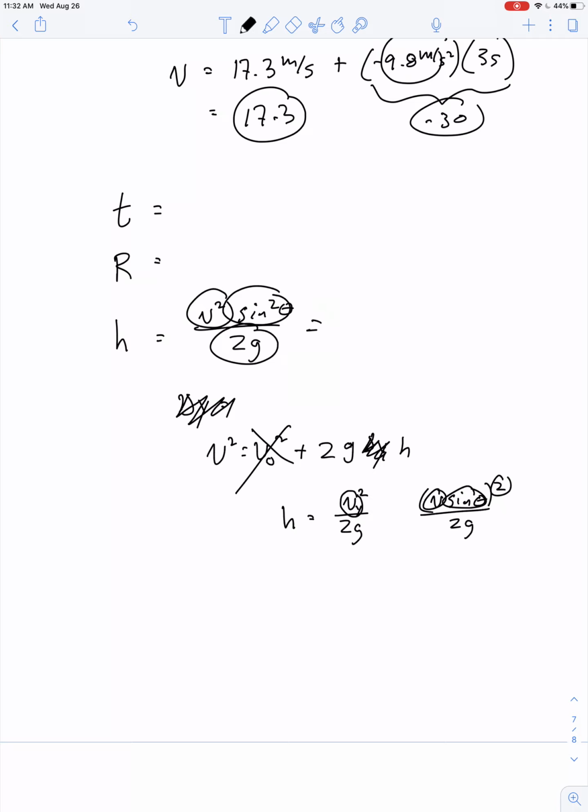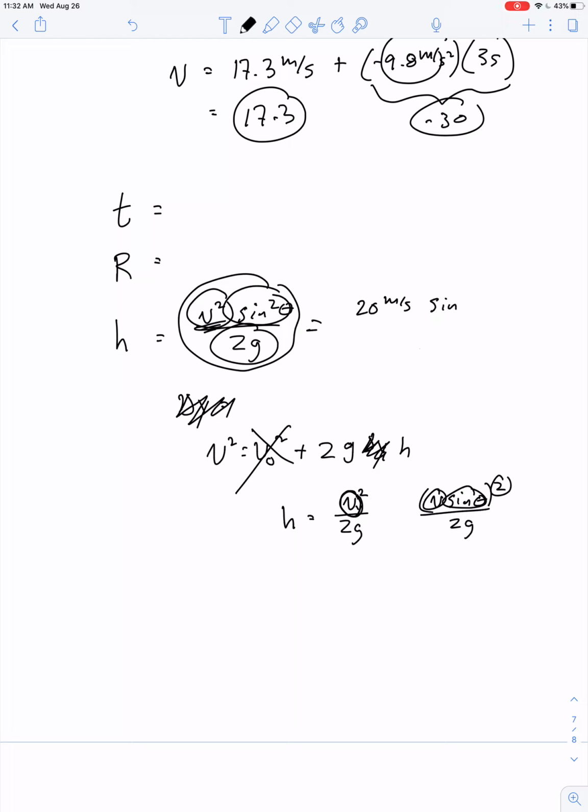If we plug in the given values, now what are we plugging in for v squared? You might be tempted to plug in 17.3, but that's vy. So we could shortcut it and just say 17.3 meters per second squared divided by 2 times 9.8. Or if we're actually plugging in what's suggested by this equation, this v means the total velocity of 20 meters per second.